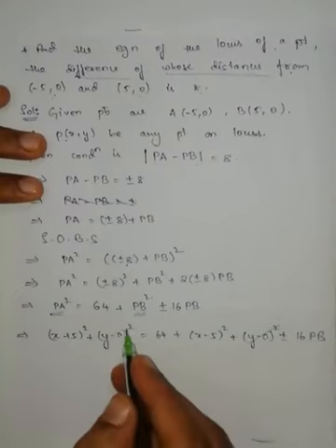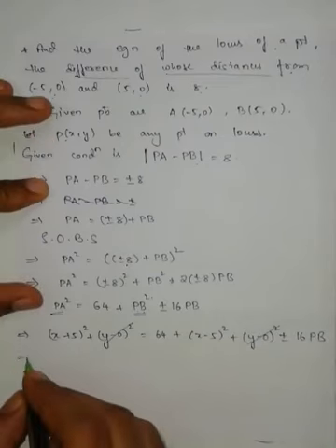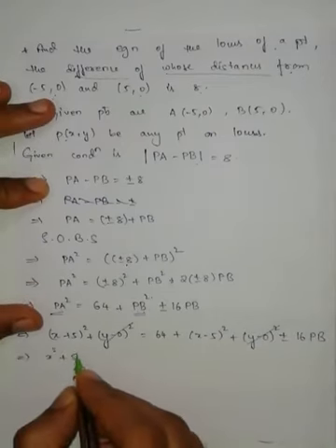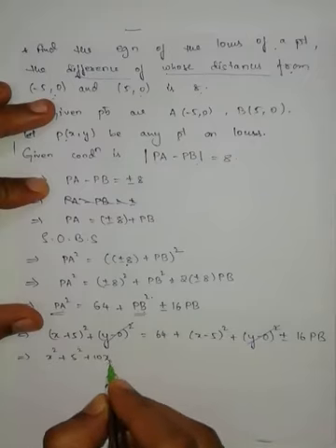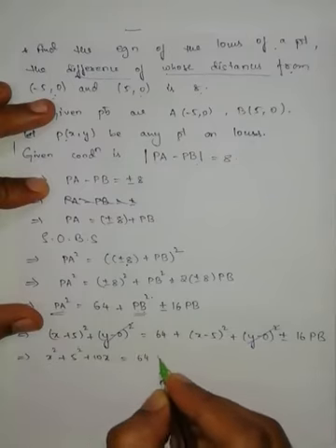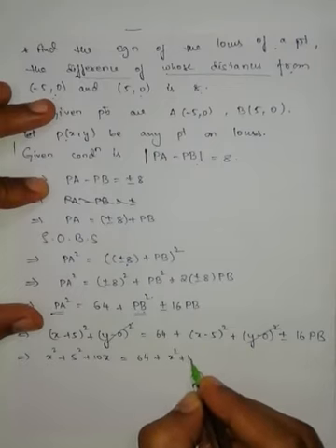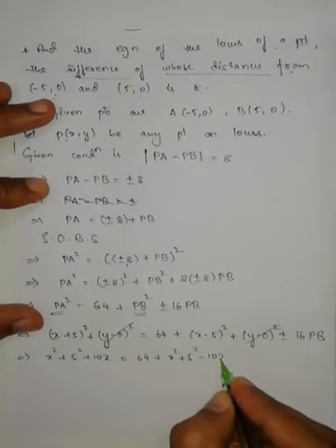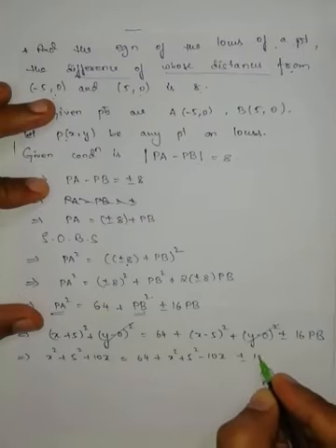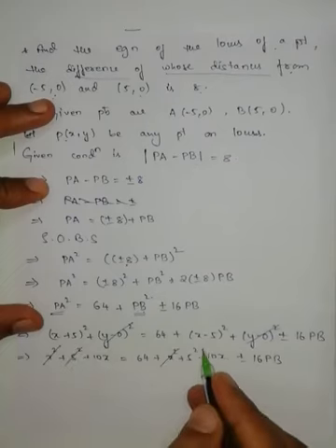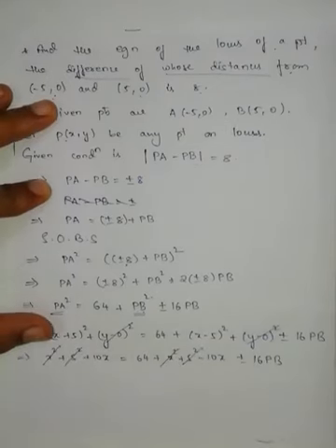The y minus 0 whole square terms get cancelled. Now x plus 5 whole square, x square plus 5 square plus 10x, is equal to 64 plus x minus 5 whole square, x square plus 5 square minus 10x, plus or minus 16 PB. The x square and 5 square get cancelled.